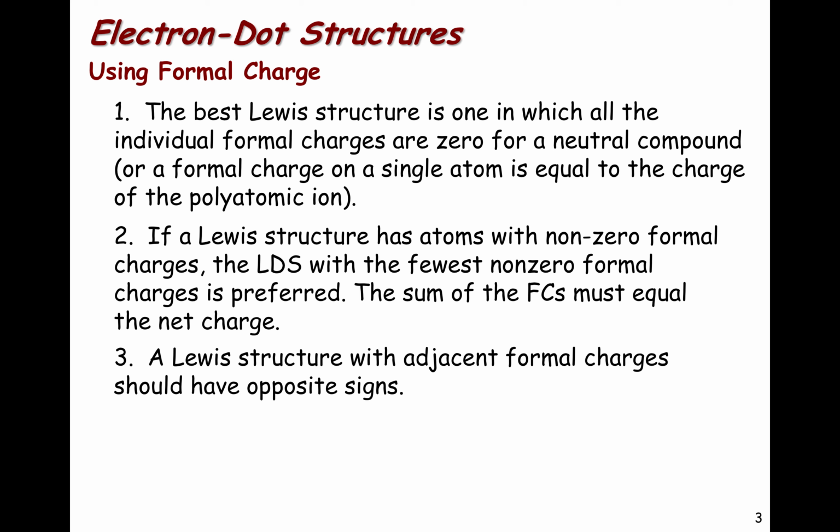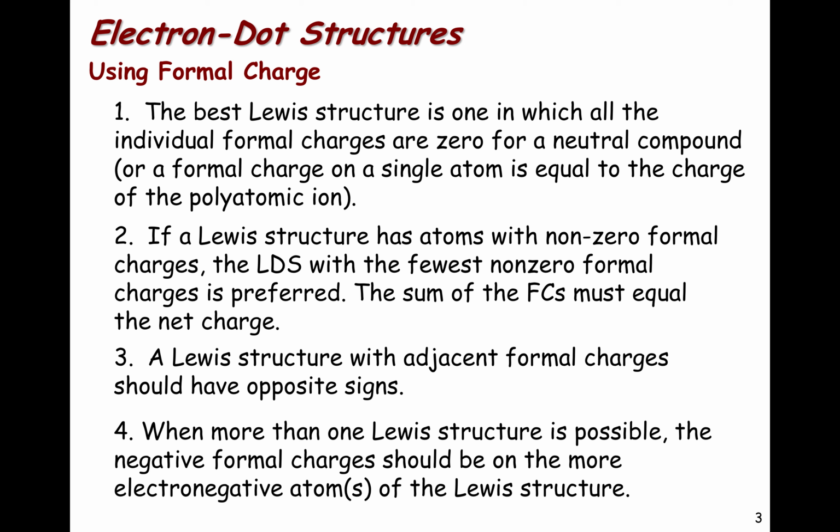If that is possible, that would be preferred over having them highly separated. And then finally, when you have more than one possible Lewis dot structure, the negative formal charges should end up on the more electronegative atoms, and any positive formal charges should be on the least electronegative atoms.